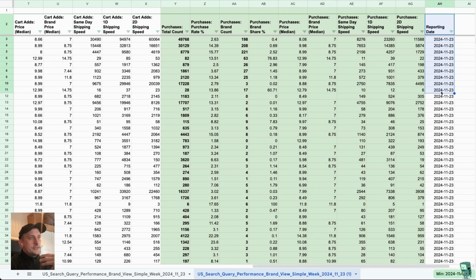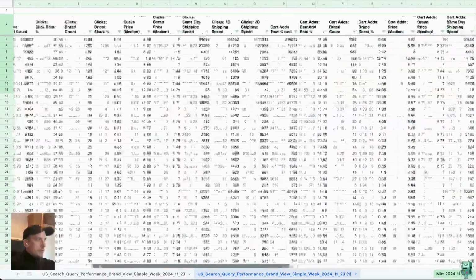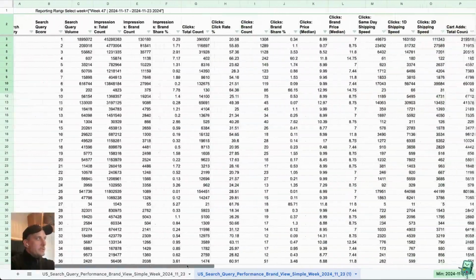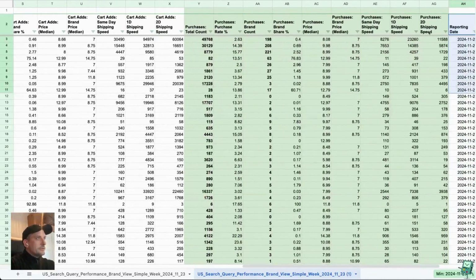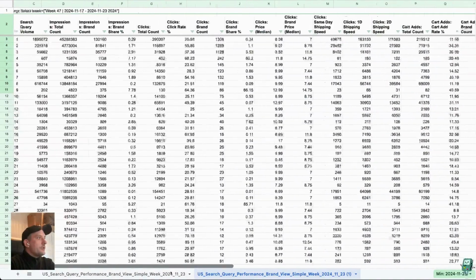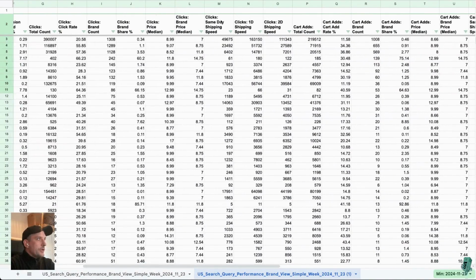Two things I would suggest to use when analyzing this data. First of all, get rid of all the fields that you don't need. It's many fields. You can see it goes to HG, which is like 30-ish fields, metrics in total. Remove the ones that you think are not valuable for yourself to analyze.